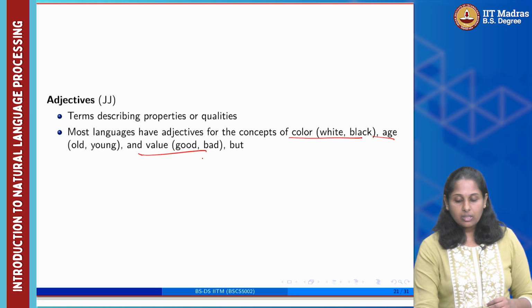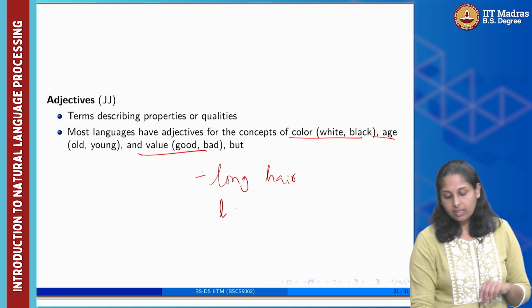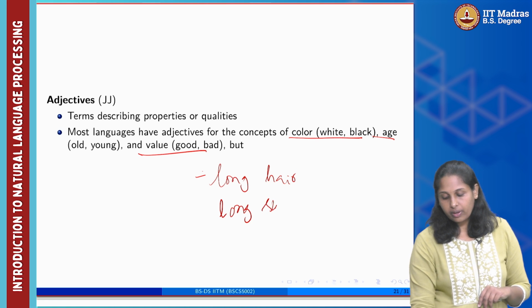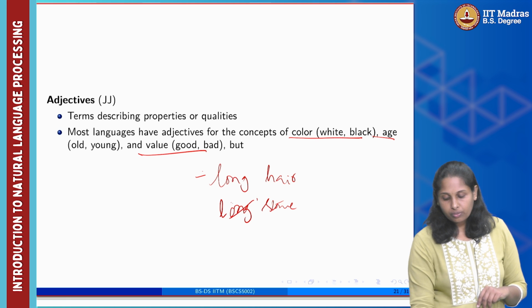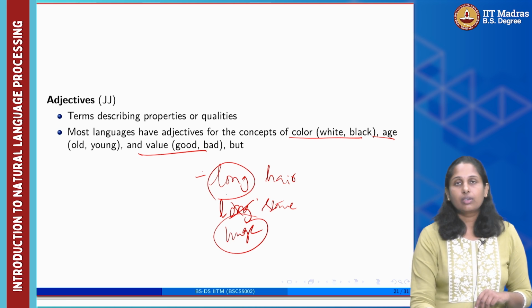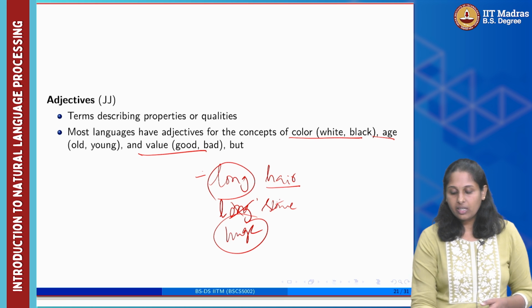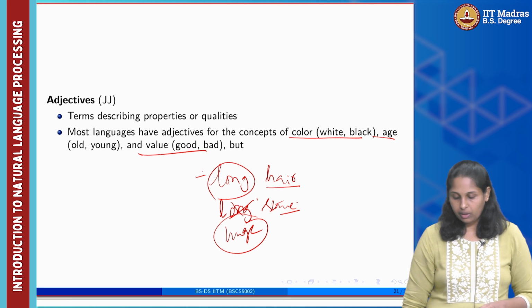For example, you can say long hair. You cannot say something like long stone, where you have to say huge stone, right. This kind of difference, where to use a particular adjective, is decided by the quality of the noun it modifies.